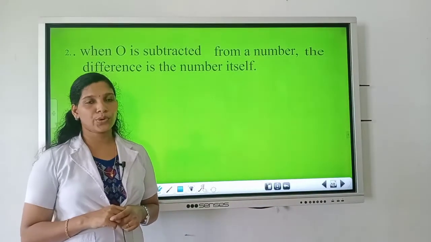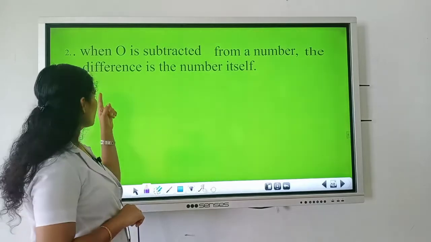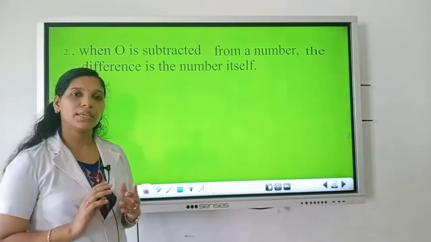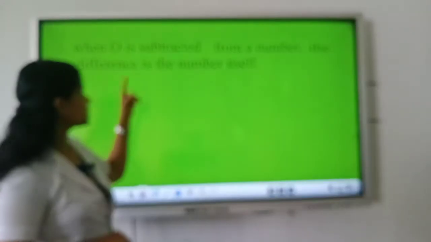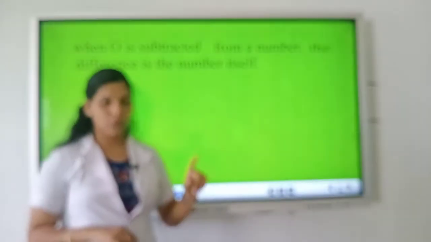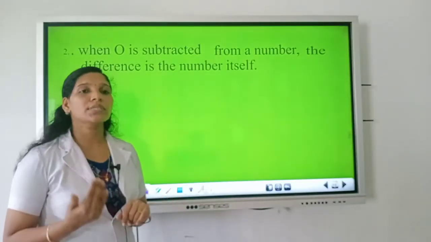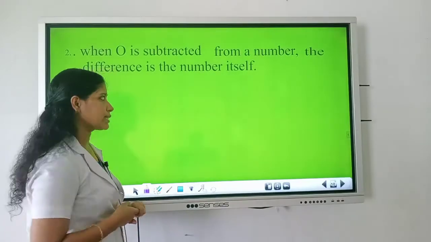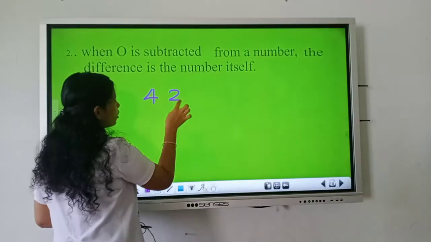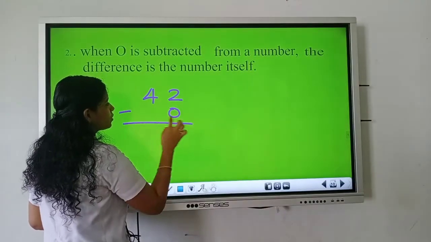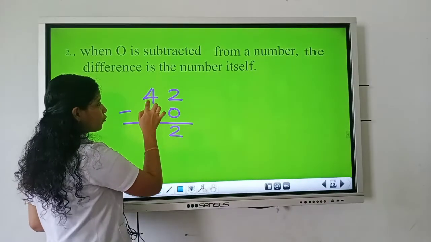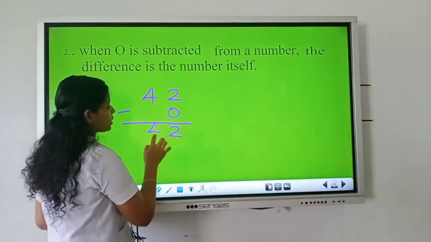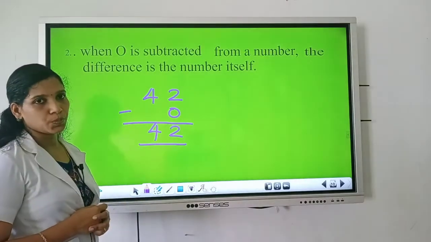When 0 is subtracted from any number, the difference is itself. When 0 is subtracted from a number, the difference is the number itself. What does that mean? You have to subtract 0 from a number. For example, 42 minus 0. 2 minus 0? 2. 4, you don't have a number, so it's 4 itself. 42.